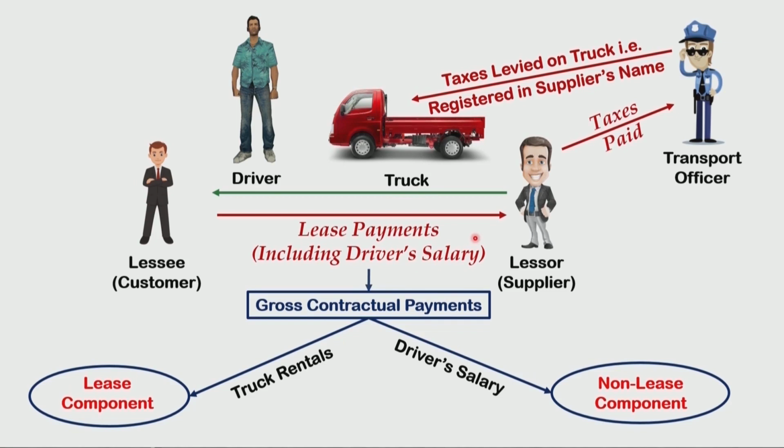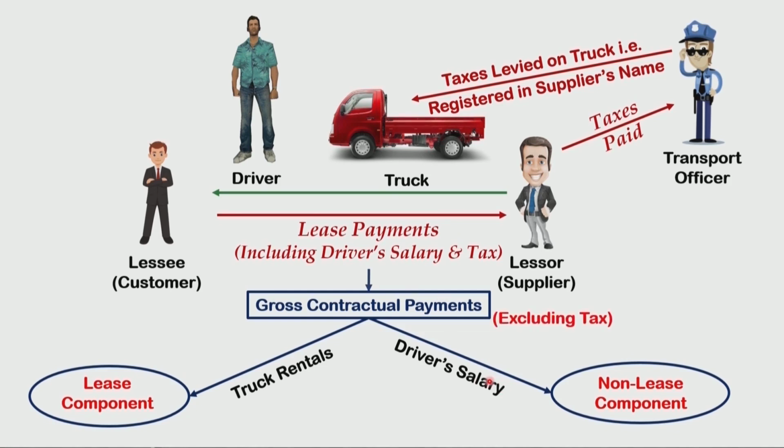So what happens now is the lease payments will include the driver's salary as well as tax. So what you need to understand is this whole consolidated payment, or the gross contractual payment, will still be divided between lease and non-lease components. However, the tax component will be excluded while doing so.